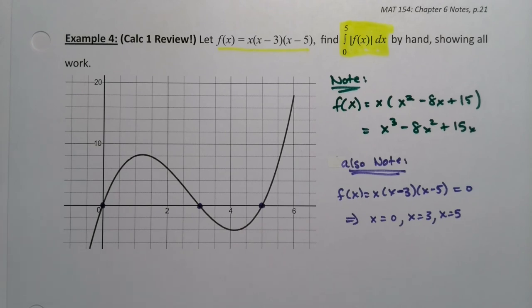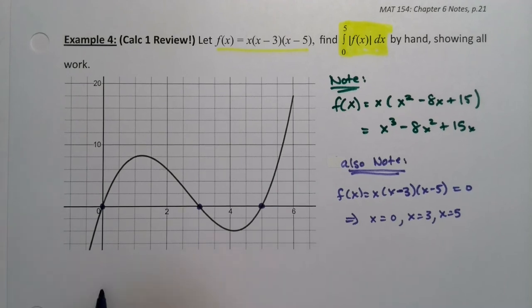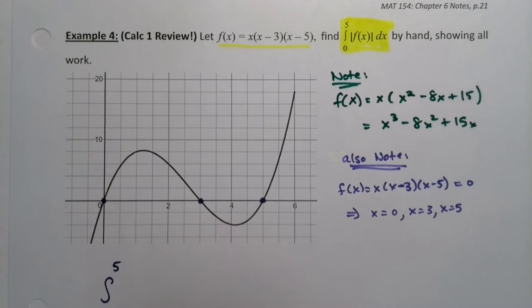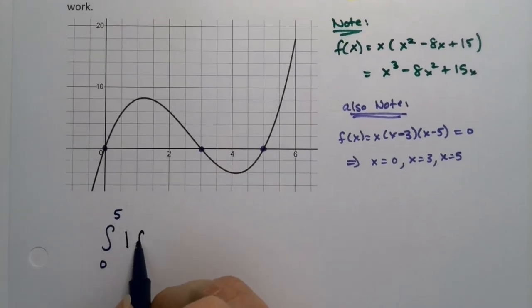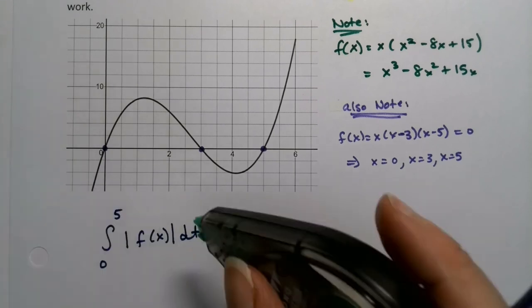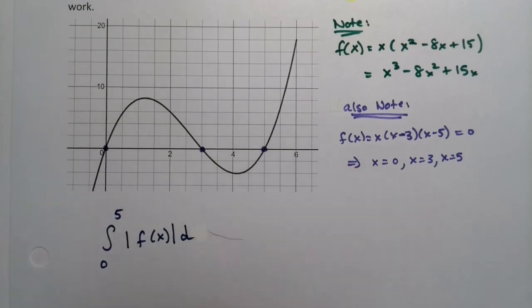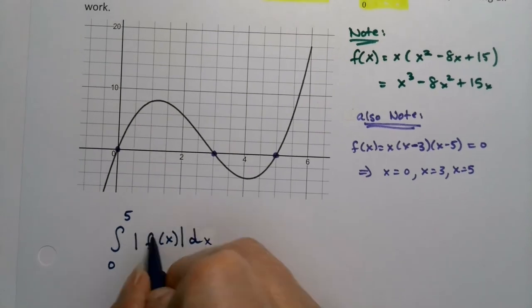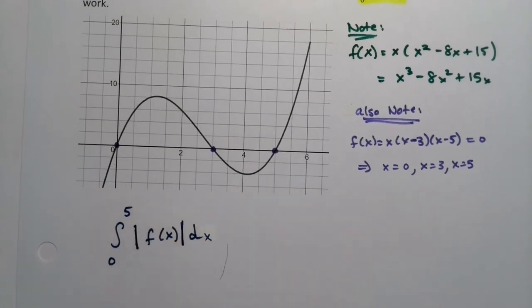All right. Now, how does that help us? Well, because now we can find the integral. If we want the integral from 0 to 5 of the absolute value of f of x, dx, not dt. I don't have the graph of that.